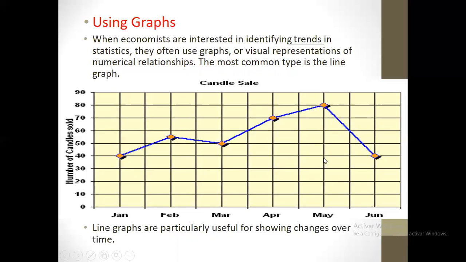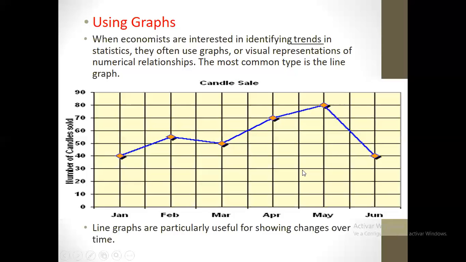Okay. Now from May to June, the whole sales dropped, and it goes down until around 40,000 again, where it began in January. Okay, that's what it means.